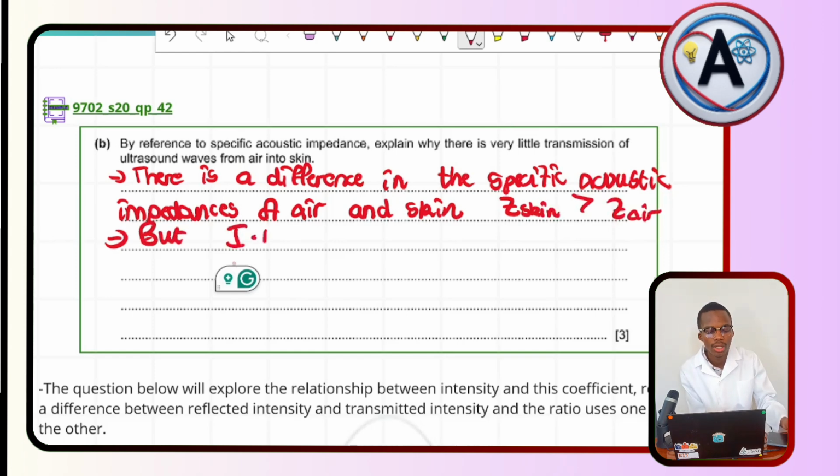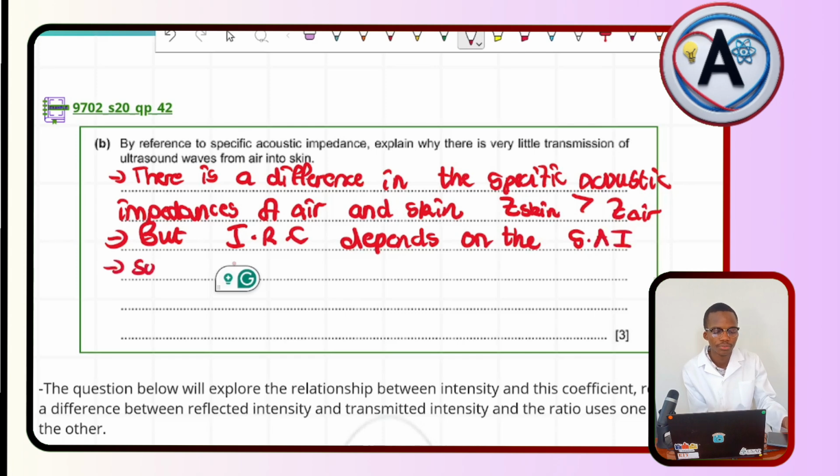Okay, but the IRC depends on the specific acoustic impedance. I'm a bit lazy, so I'm going to say SAI, but it depends on that.